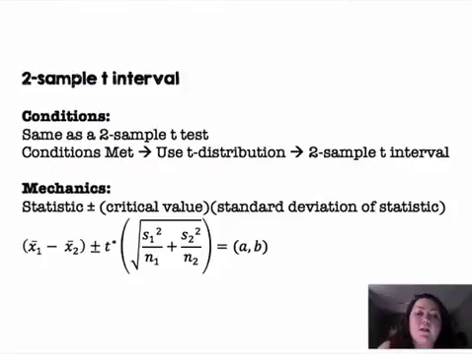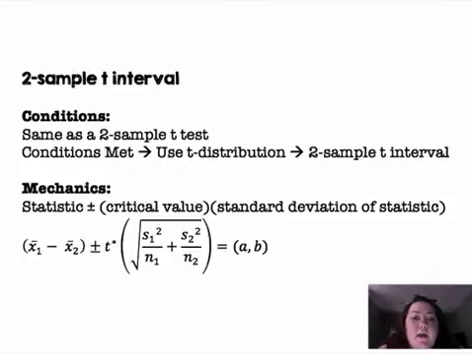Alright, a 2-sample t interval. It's going to follow the same conditions as a 2-sample t test. Once our conditions are met, we're going to use a t-distribution and do a 2-sample t interval. Our formula is going to be our statistic plus or minus our critical value times the standard deviation of the statistic.